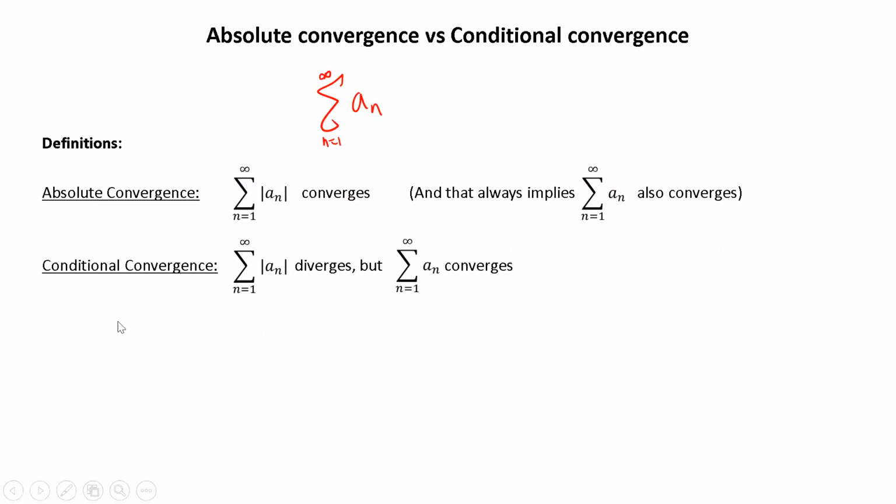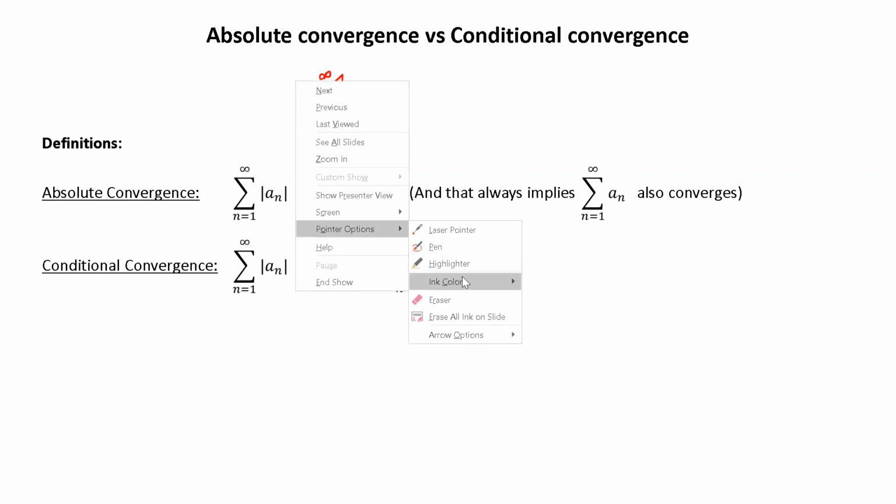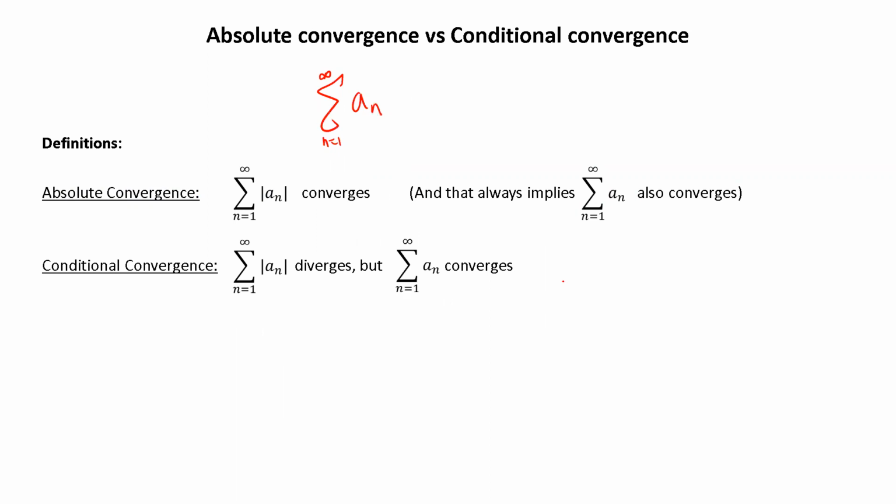So what is the example? The example is exactly the alternating harmonic series, where a_n is equal to (-1) to the power n plus 1 times 1 over n, right?